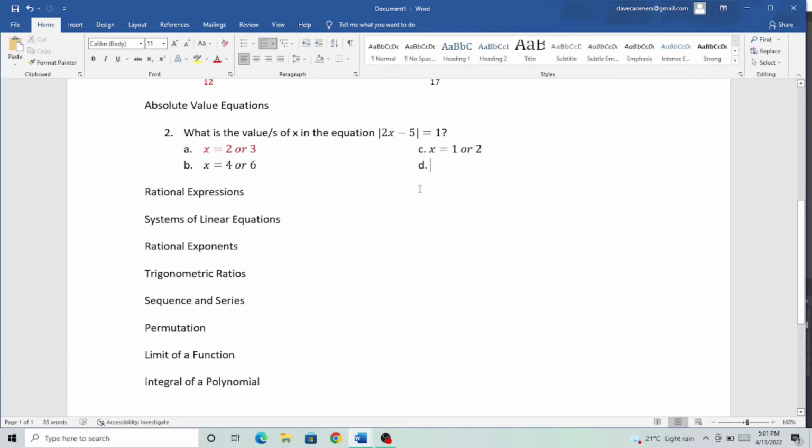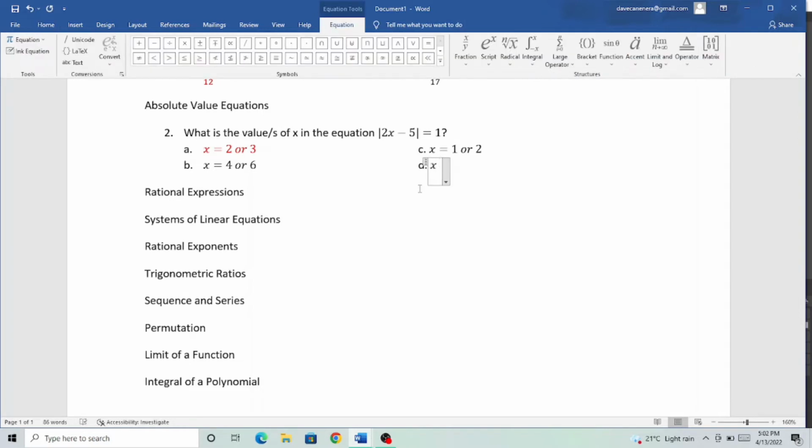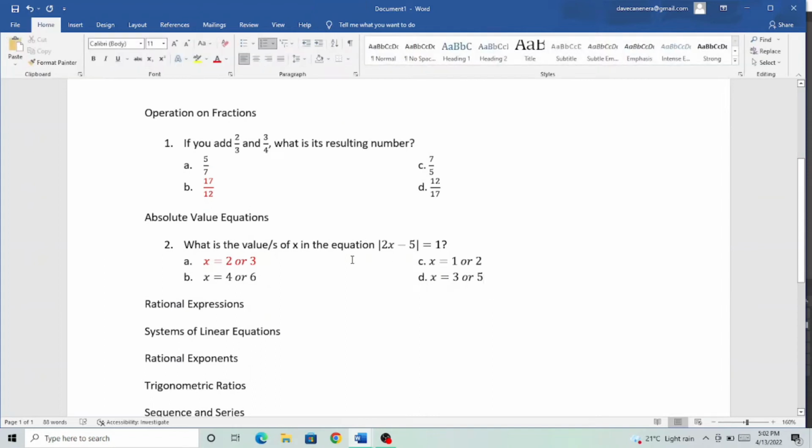For our letter D, you have here x equals 3 or 5. That's pretty much it for our second item.